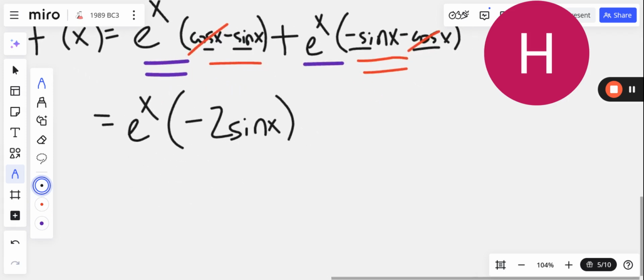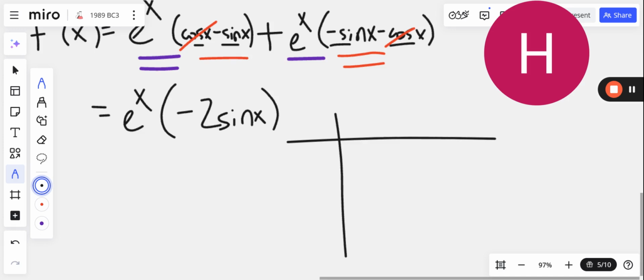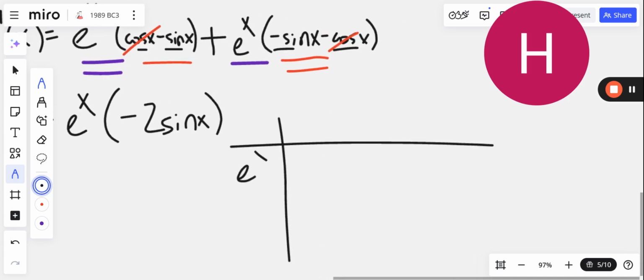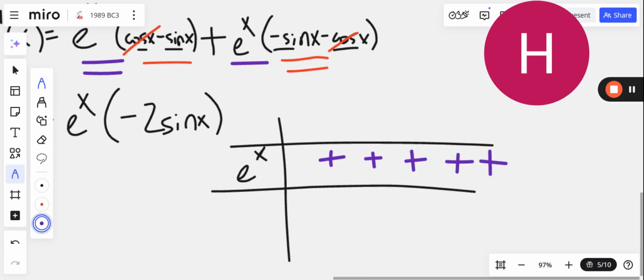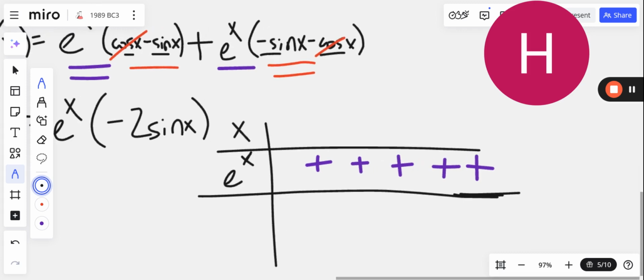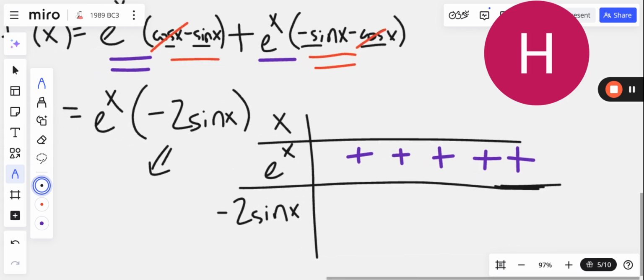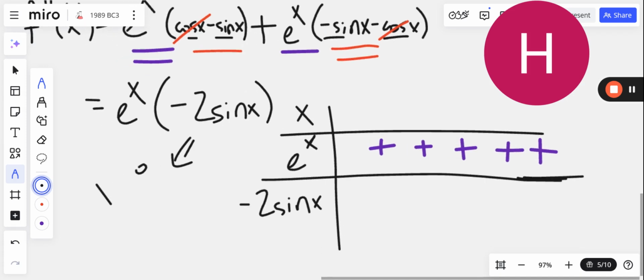Let's analyze this on a chart. Of course, e to the x is never anything but positive. It's always positive. Be like e to the x to you and your friends in your social circles. Just always be positive. And then we have the other factor, negative 2 sine of x, which has some zeros. They're pretty obvious zeros, right? When does this equal 0? At the whole pi.